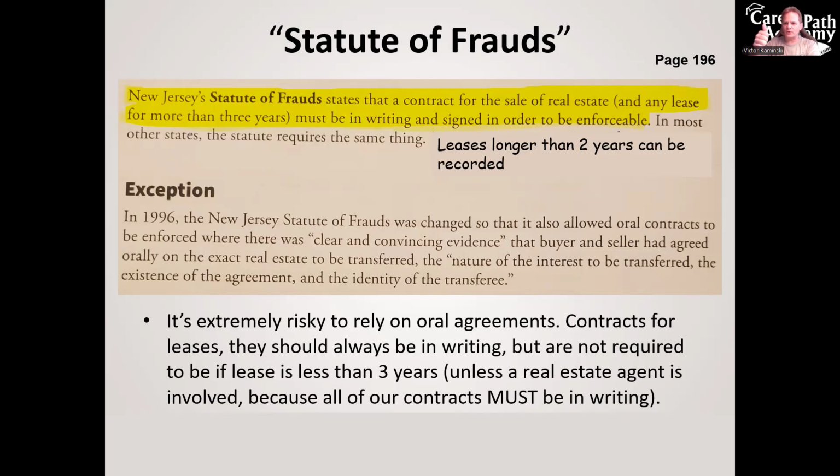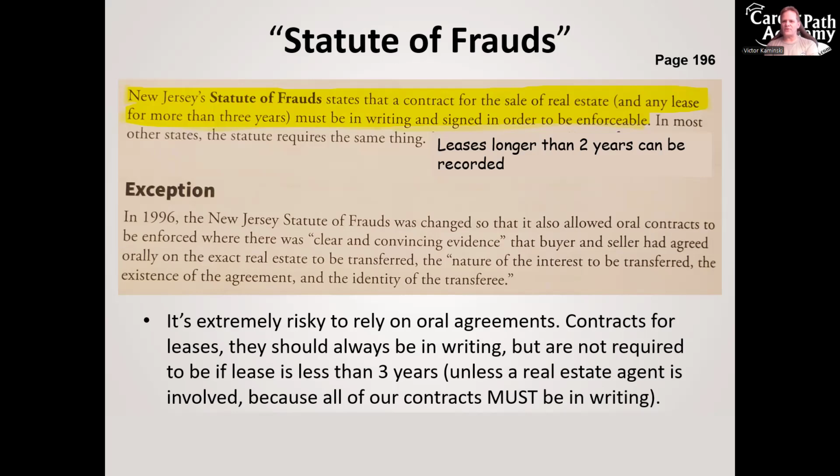So we just learned about the parol evidence rule, right? That says that if you've got 2 people, one has a contract in writing and the other has a verbal agreement, the court will dismiss the verbal agreement in favor of the one who has evidence. They got the contract in writing. The Statute of Frauds requires that all contracts for the sale of real estate be in writing, and a lease only needs to be in writing if it's 3 or more years, if a real estate agent's not involved.